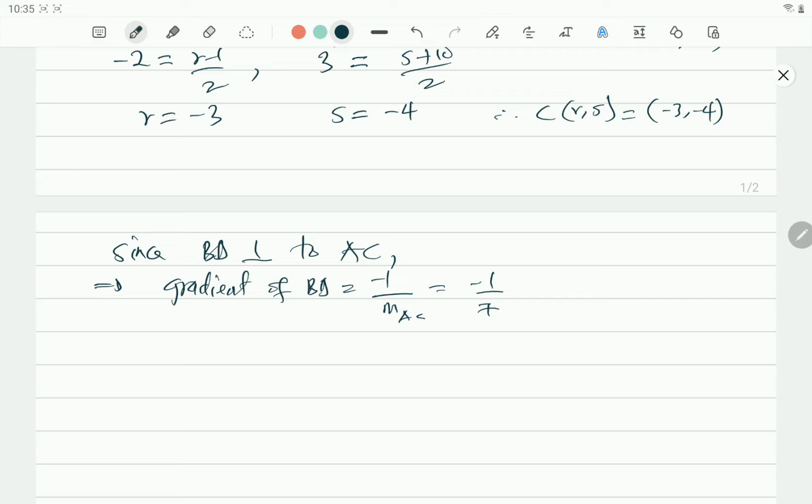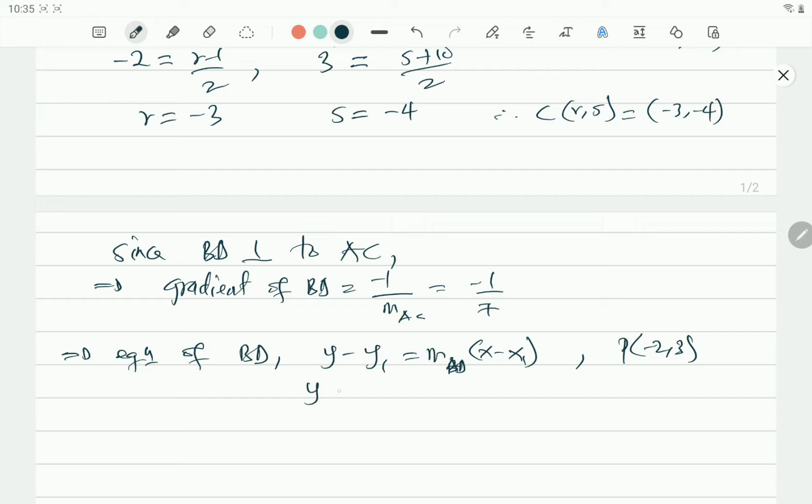Thus the equation of BD becomes, so this implies the equation of BD, which we have as a formula y minus y1 equals the gradient of BD times x minus x1. Remember, BD also passes through the point we were given from the question, that is minus 2, 3, and we have the gradient to be minus 1 over 7.